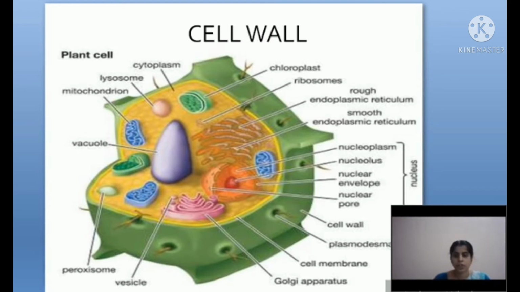It gives a shape and a certain degree of rigidity to the plant cell without interfering with the functions of the cell membrane. It also helps in cell interaction and provides a barrier to undesirable micro and macromolecules. Okay, so the cell wall is fully permeable. Why?